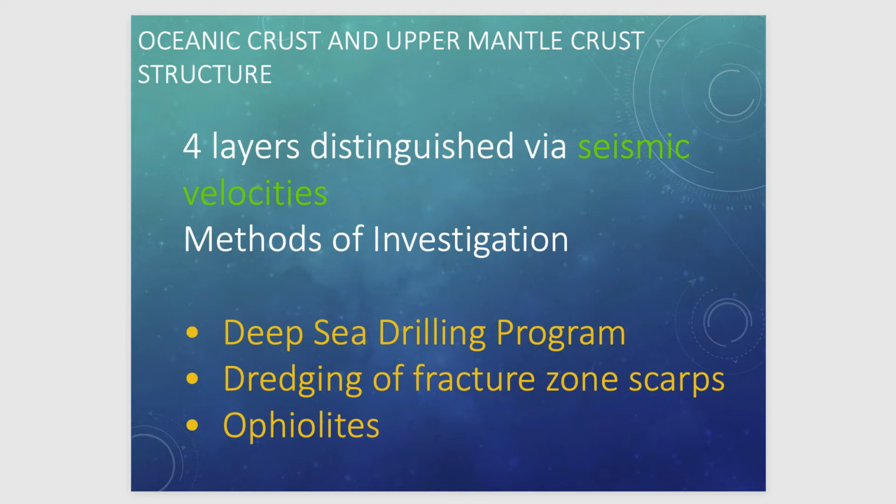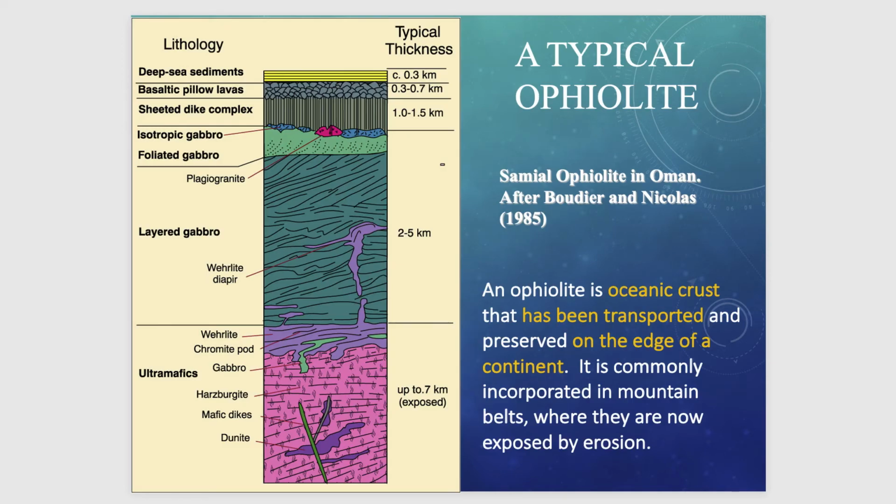So ophiolites are nothing less than chunks of stratigraphy of mid-oceanic ridges. They manifest themselves in a form that is quite unique, and they will have a lot of evidence of the past history of spreading associated with them.